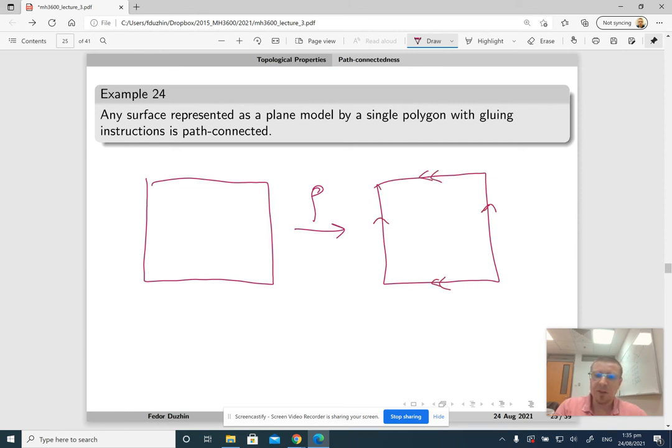Because our torus is the quotient space, and a square is of course path connected, its continuous image under the projection is again going to be path connected. So every surface represented as a single polygon, a plane model by a single polygon, is the continuous image of that polygon, and therefore it is path connected.